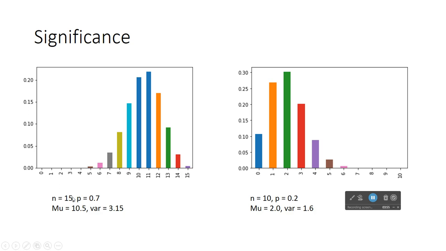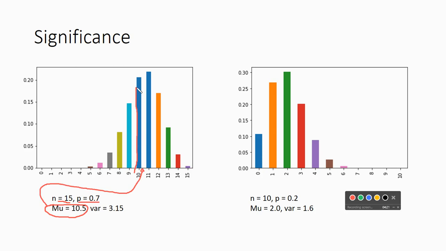And the significance of this, we show in these graphs. This first graph, we have n equal to 15 and p equal to 0.7. This gives us a mean equal to 10.5. Well, if we look at 10.5 on the graph, that's between 10 and 11 here.